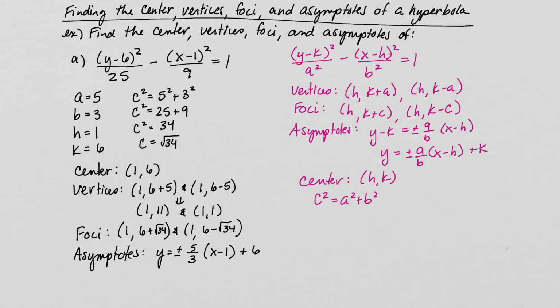So basically what that means is we have two equations here. One is y equals 5/3 times (x minus 1) plus 6, and the other is y equals negative 5/3 times (x minus 1) plus 6. You should take that as an answer. It might make you simplify this, but it should take those as an answer.